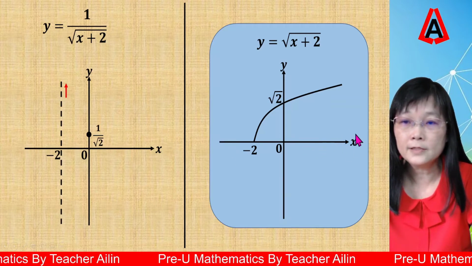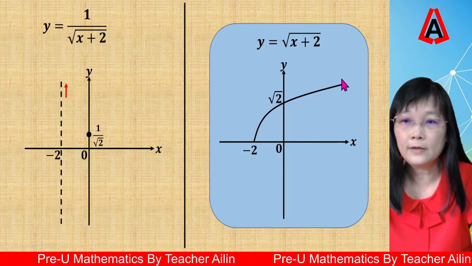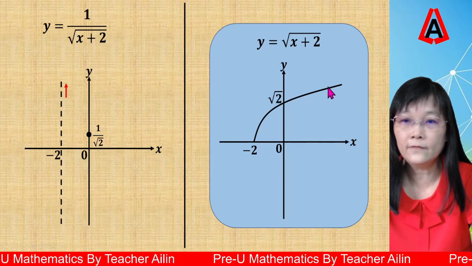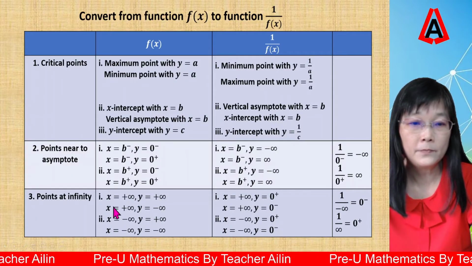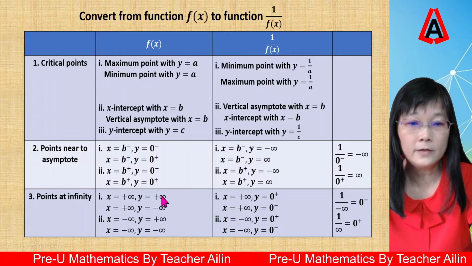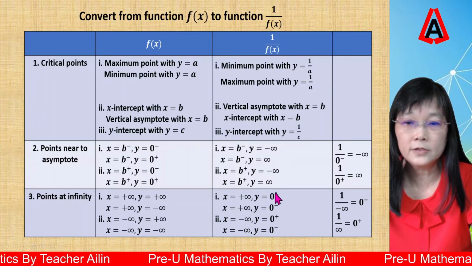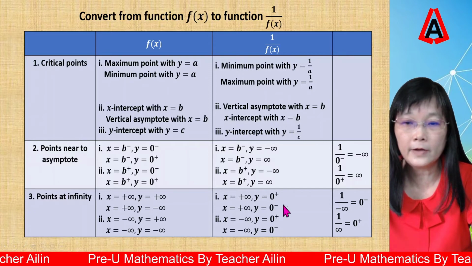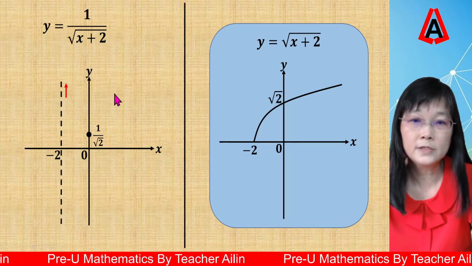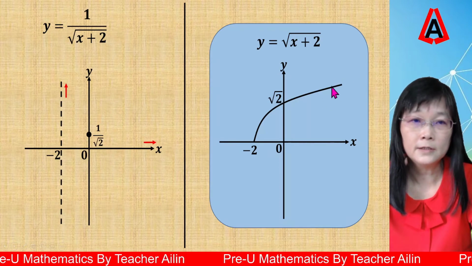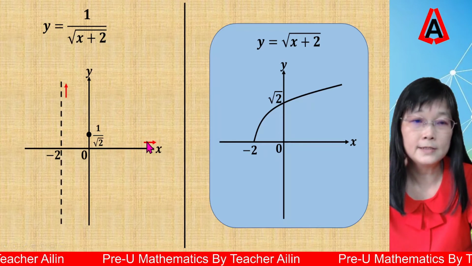Now for x which is positive infinity, we can see that y is positive infinity too. When converted to the reciprocal function, y becomes slightly greater than 0.